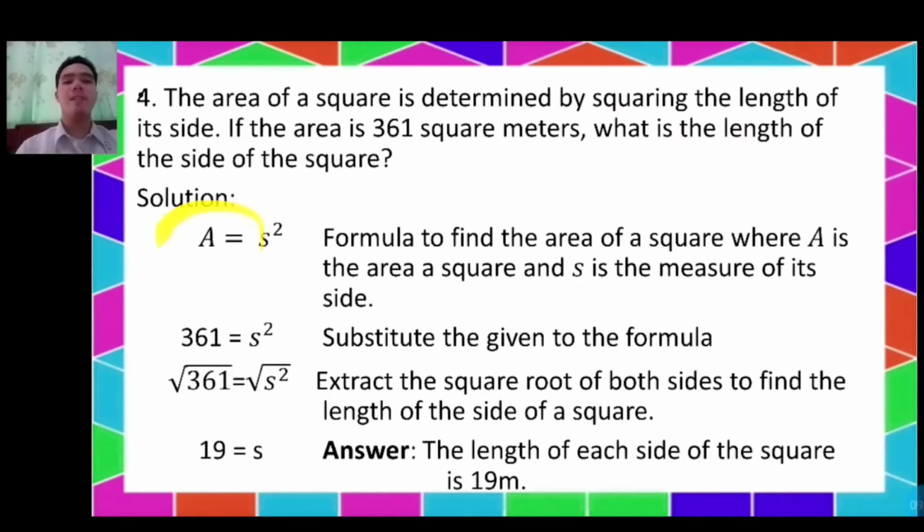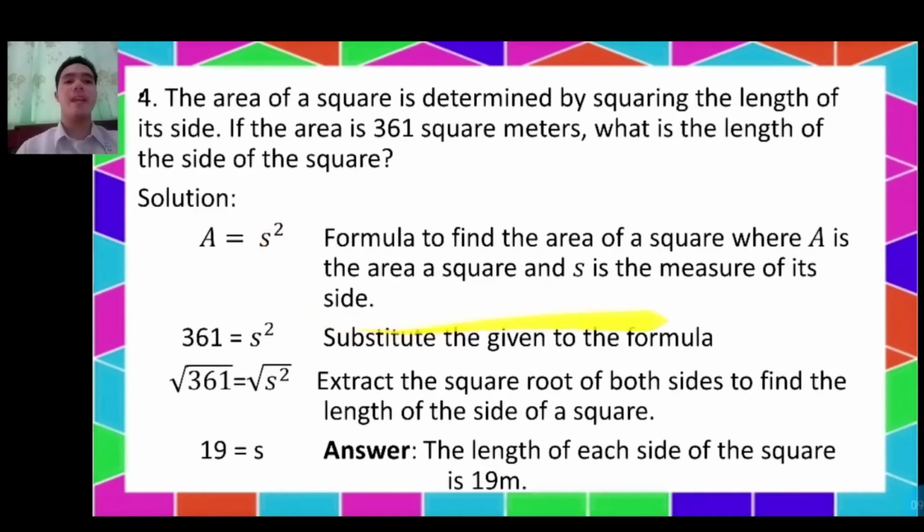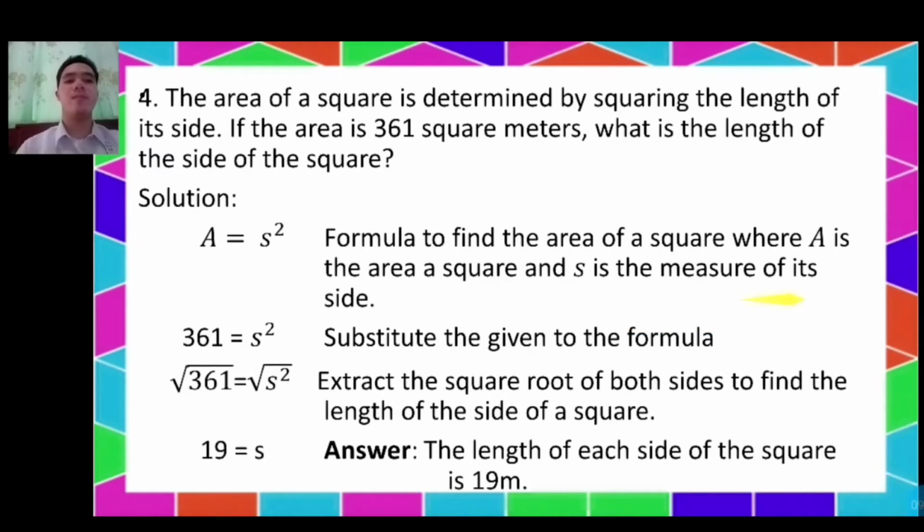So A can be determined by squaring the length, S squared. This will be our formula to find the area of a square, where A is the area of a square and S is the measure of each side.